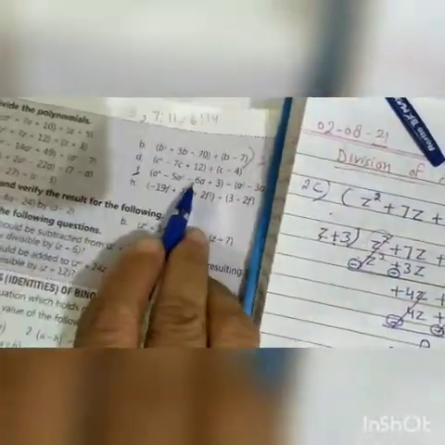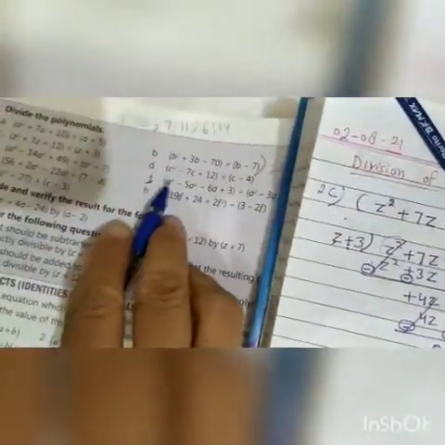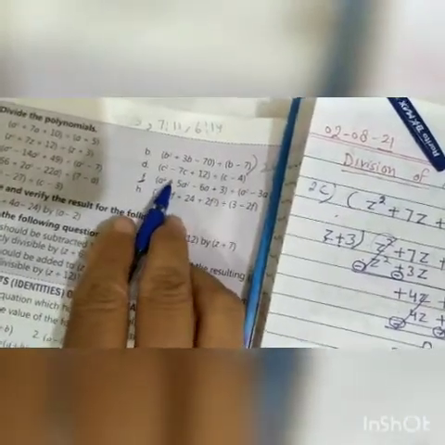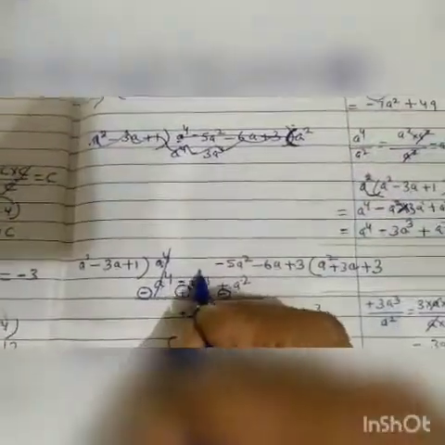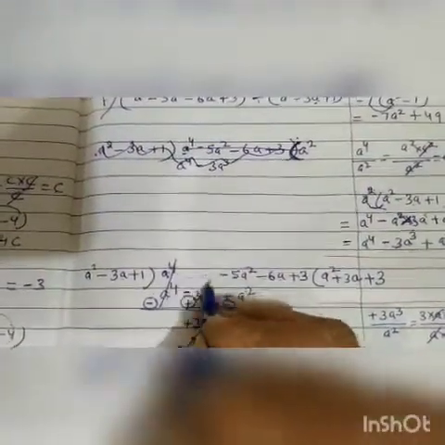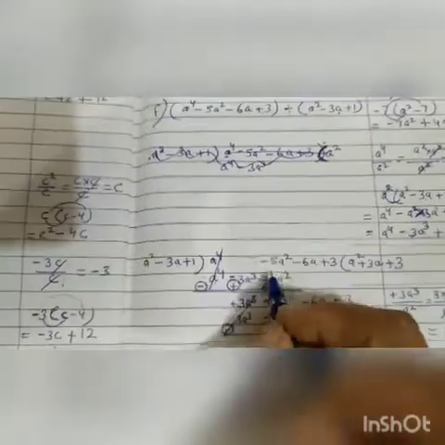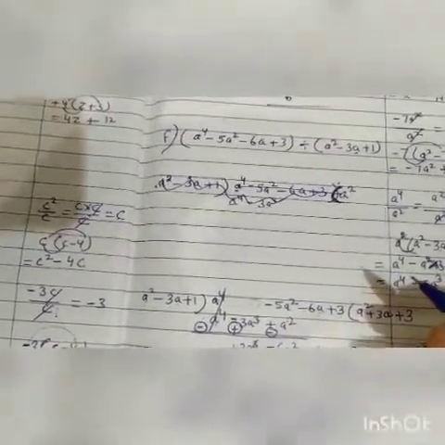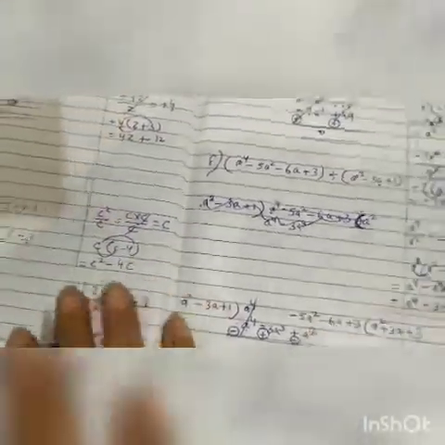See a power 4 minus 5a square minus 6a plus 3. Here power is 4, here power 2, here power 1. A power 3 is missing. So we have left the space for a power 3 here. Then we will repeat the same process. Okay.